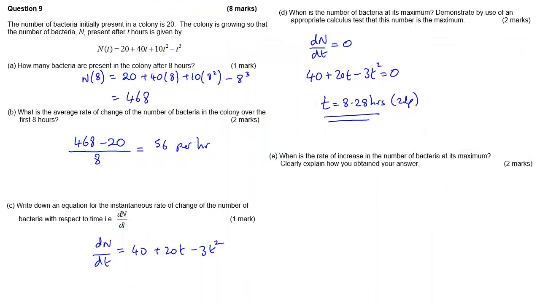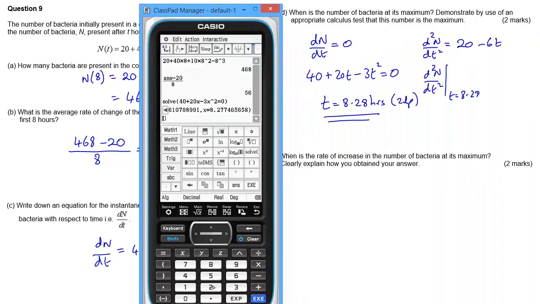And we could use a second derivative test here. So d2n/dt squared is going to be 20 minus 6t. So d2n/dt squared evaluated when t is 8.28. So that's just going to be 20 take away 6 times the last answer.